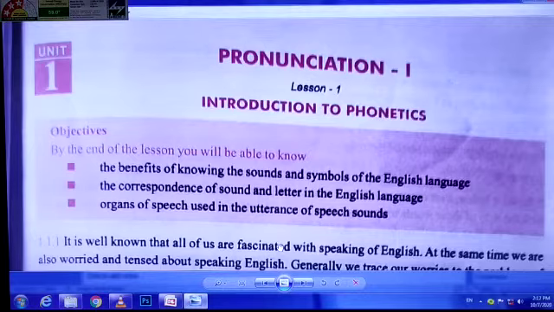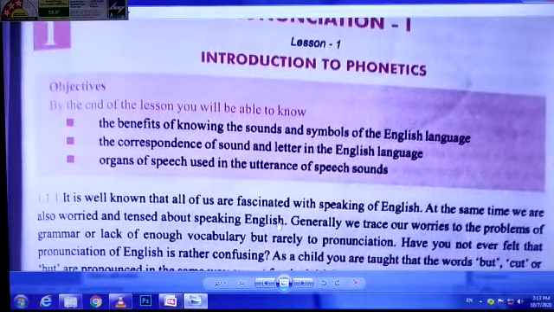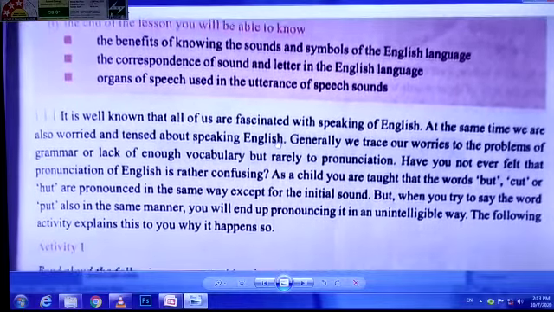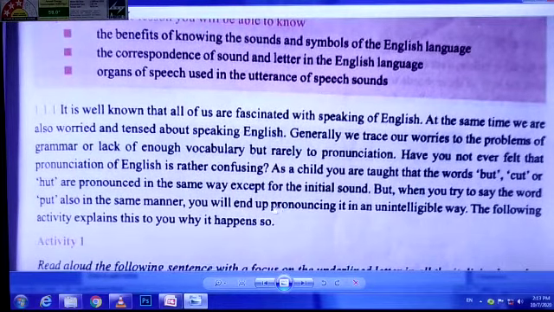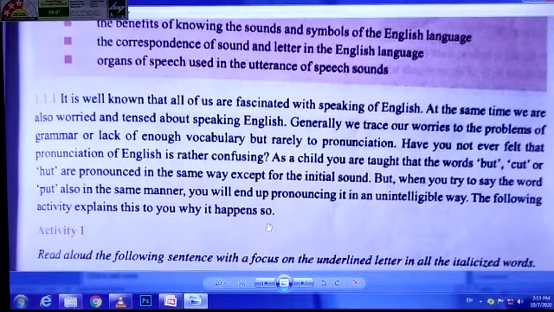Many of us feel fascinated to speak good English. At the same time, we are also worried and tense about how to speak English. In general, we trace certain problems, like lacking proper grammar and enough vocabulary.